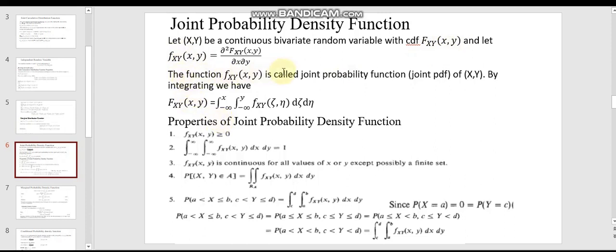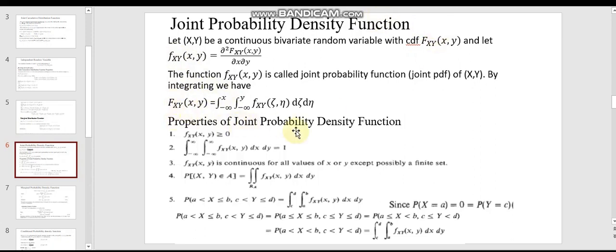This function is called the joint probability density function or the joint PDF of x, y. By integrating the PDF with respect to x and y, we get the joint CDF of random variables x and y.